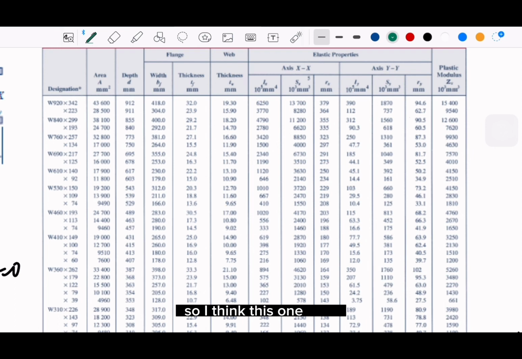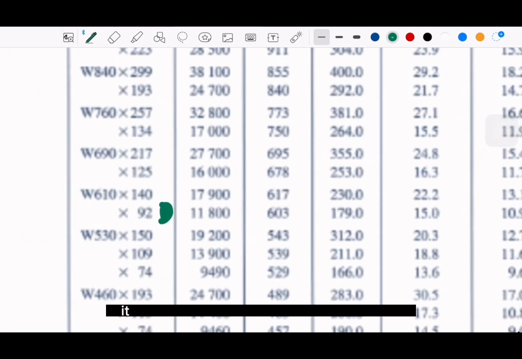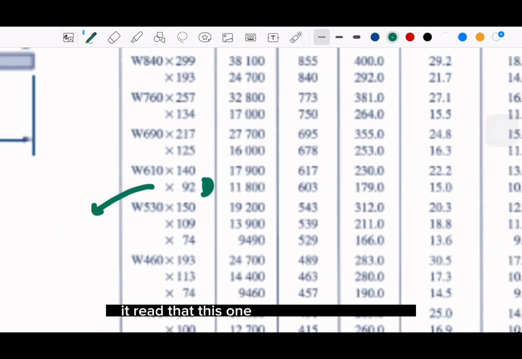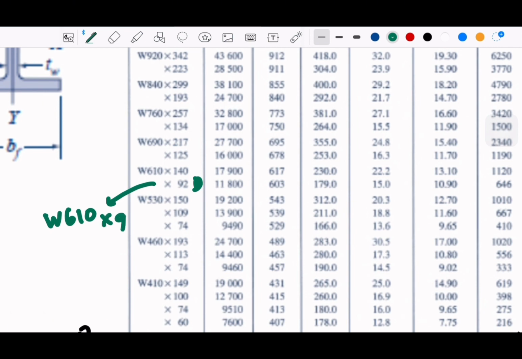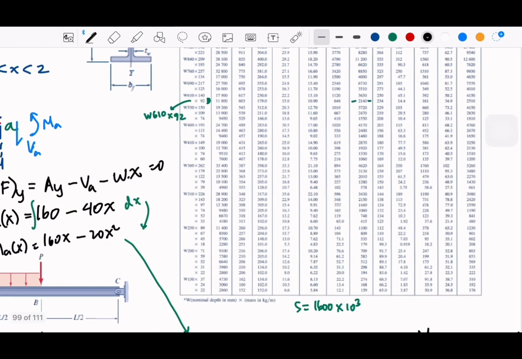I think this one here. So it reads that this one means 610 and 92.